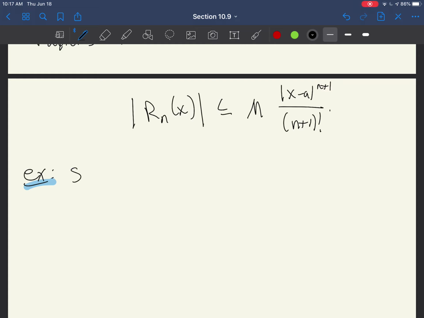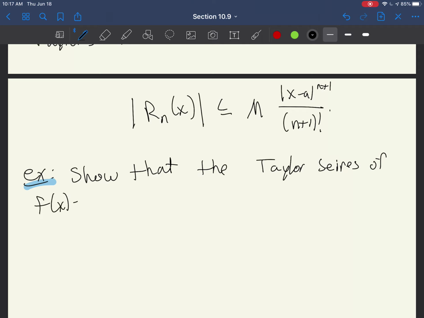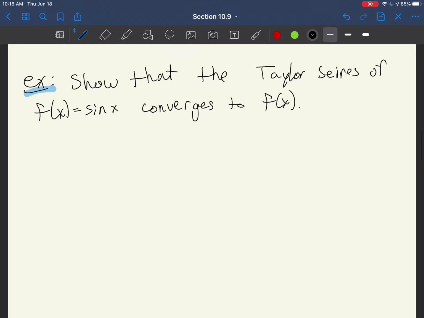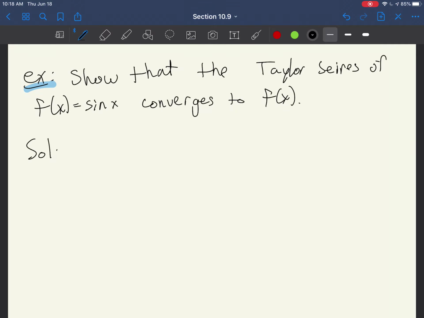So, example, let's use this to show that it is easier to use this than the previous example, breaking it up into 3 cases. Show that the Taylor series of f of x equals sine x converges to f of x.